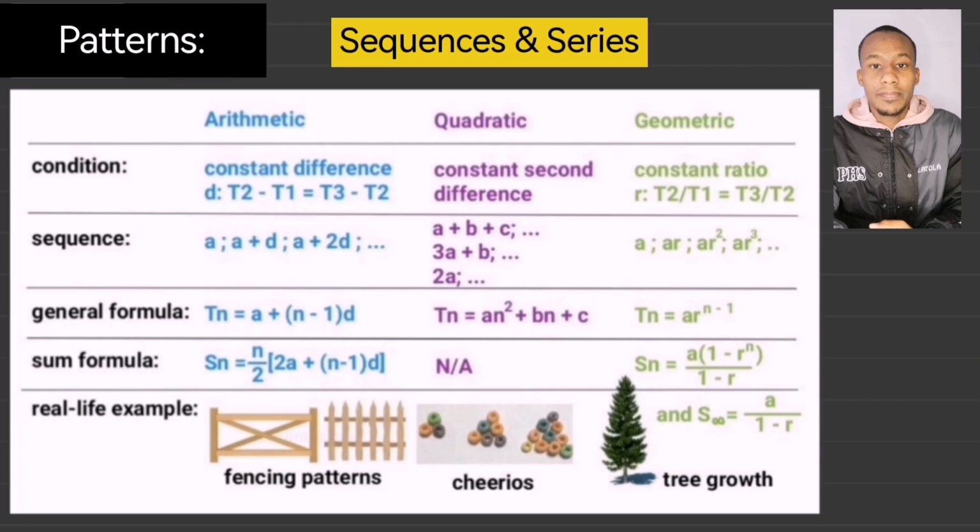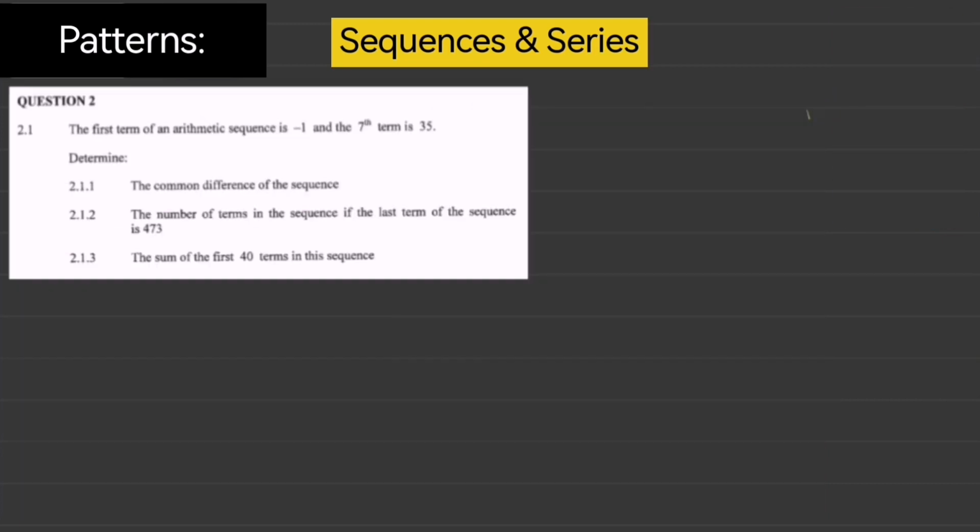So the question reads, the first term of an arithmetic sequence is -1 and the seventh term is 35. Determine the common difference of the sequence. Right, so in order to find the common difference, we'll start out with our general formulas. The first term is equal to a.